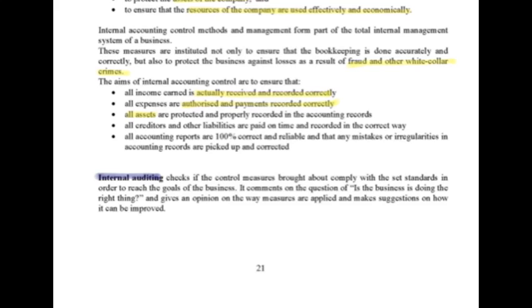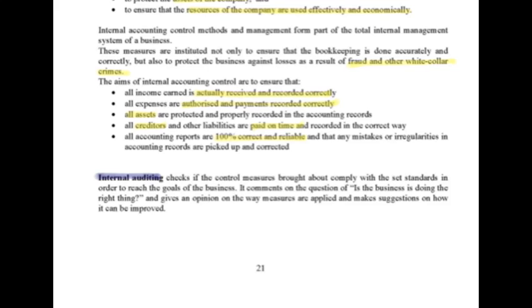All creditors and other liabilities are paid on time and recorded in the correct way. And all accounting reports are 100% correct and reliable, and that any mistakes or irregularities in accounting records are picked up and corrected. So that's internal control.